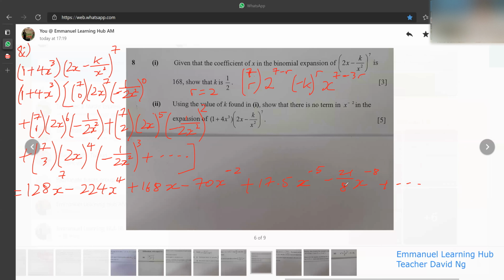You can write out like that. You understand how I get this? Yes. Then after that, you have 128.